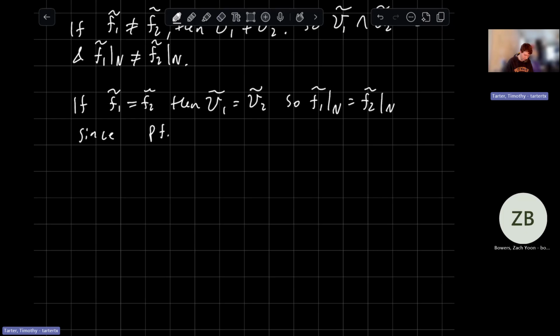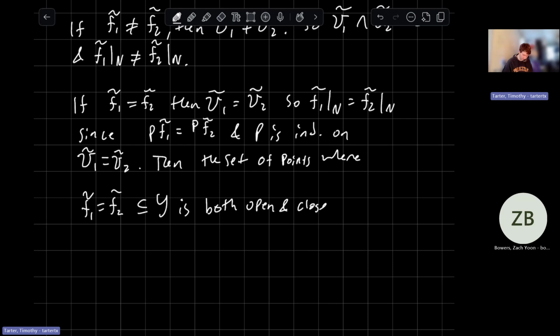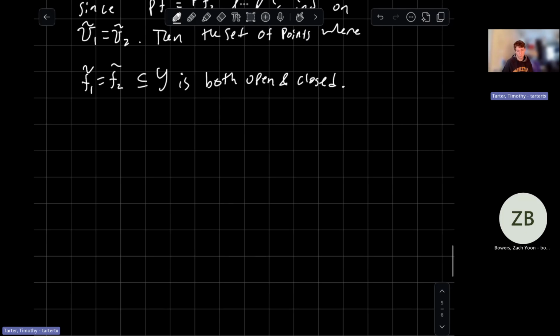And since pF1 is equal to pF2, and p is injective on U1 equals U2, then the set of points where F1 agrees with F2 in Y is both open and closed. And therefore it's either Y or the empty set.